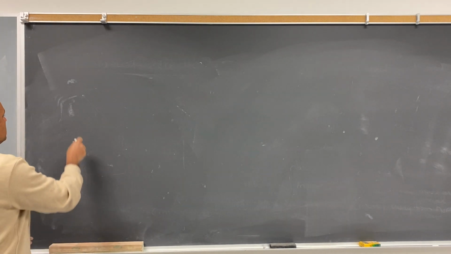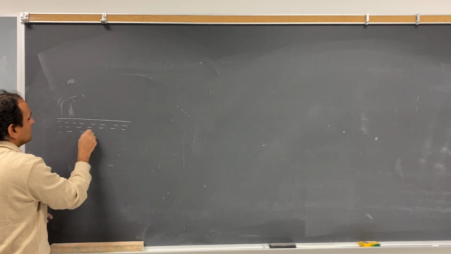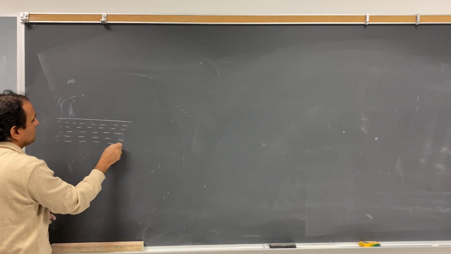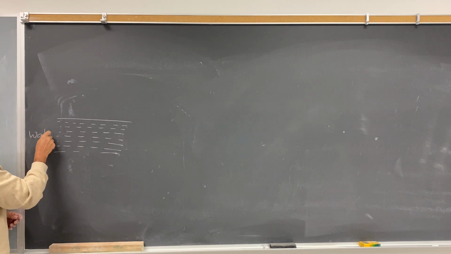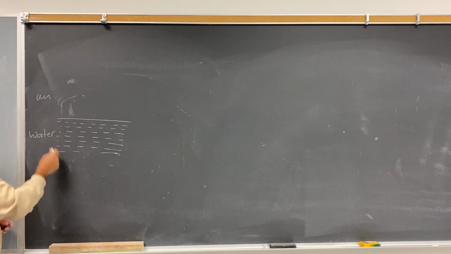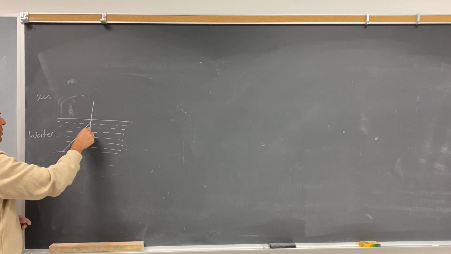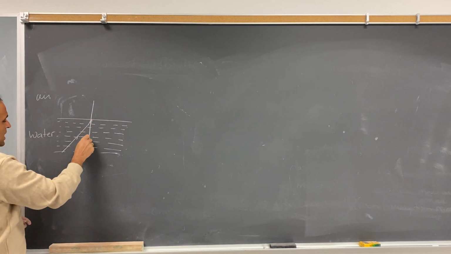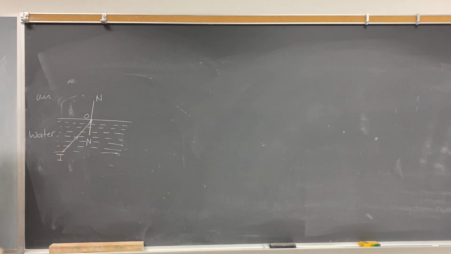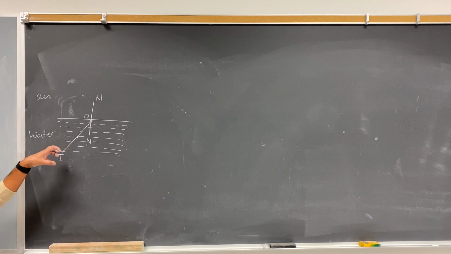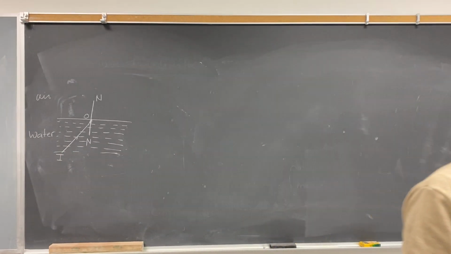Now look at this. This is water, and this is air, and let us suppose this is the incident ray, and here you have a normal N N prime, this is O, this is I. In this case, the ray of light is traveling from water to air, that means optically thick medium to optically thin medium.